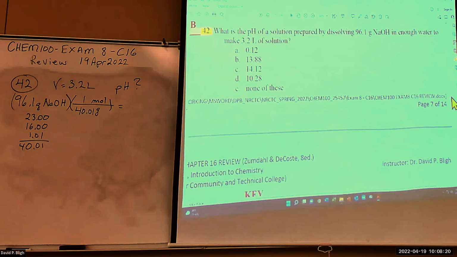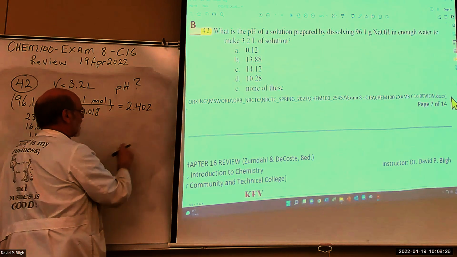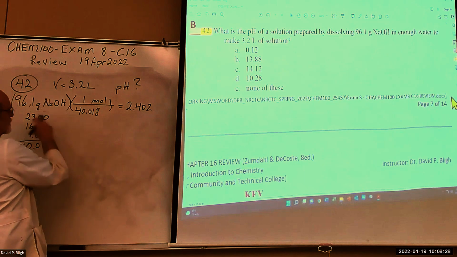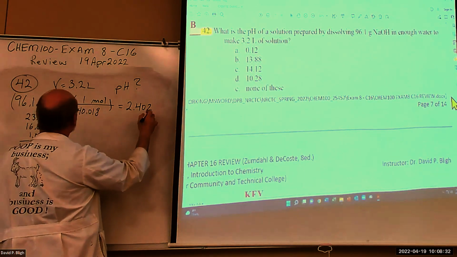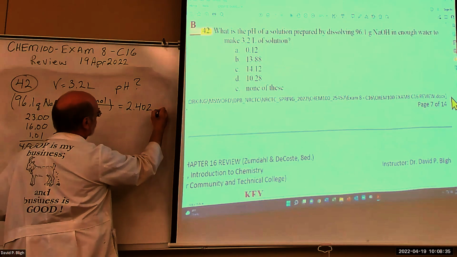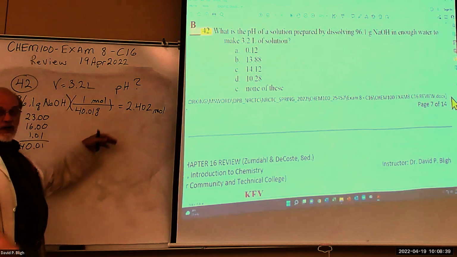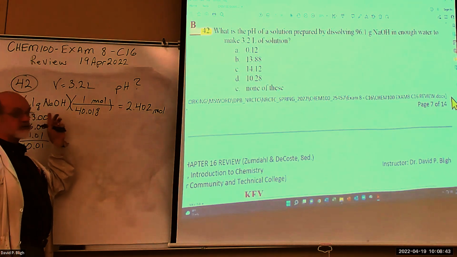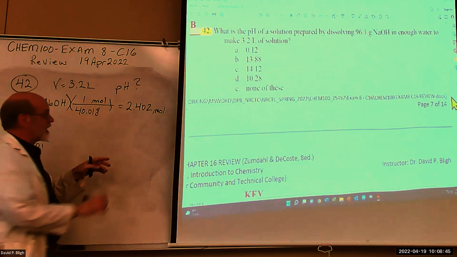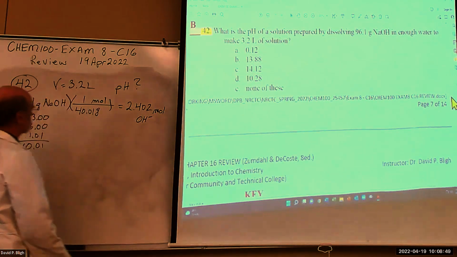Let's see, I get 2.402. Actually, I hung on to an extra decimal. Officially, I should only keep 3. So this is the number of moles of what? It's moles of sodium hydroxide, but it's also moles of hydroxide ion because this is a strong base, completely dissociates. So this is also hydroxide.